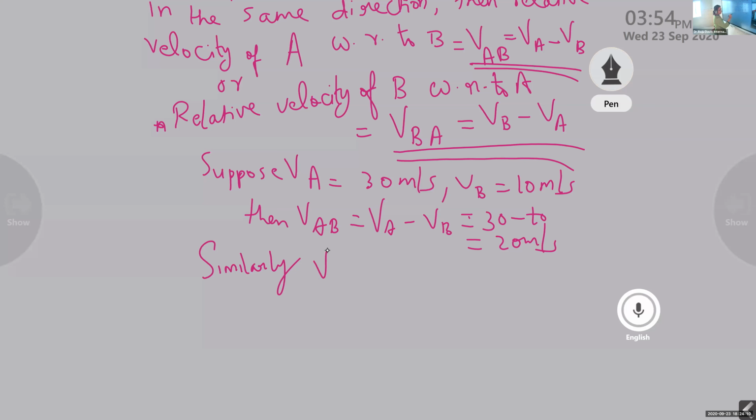Similarly, VBA is equal to VB minus VA, that means 10 minus 30, you will get minus 20 meter per second. Why minus? Because A's velocity is greater than B's. That's why minus 20.